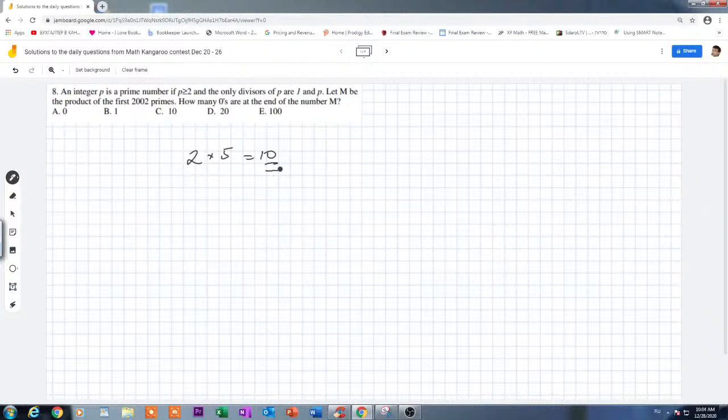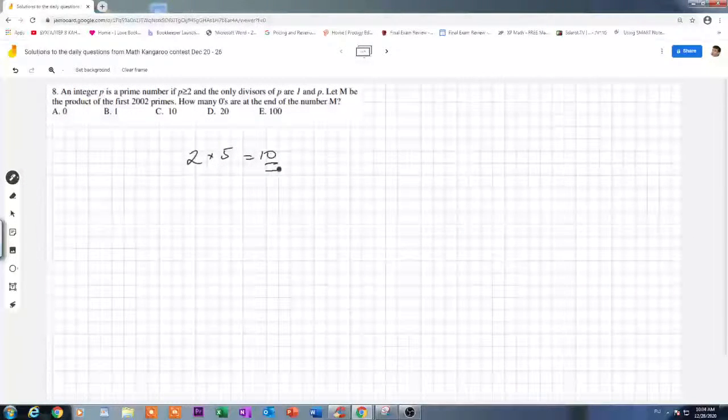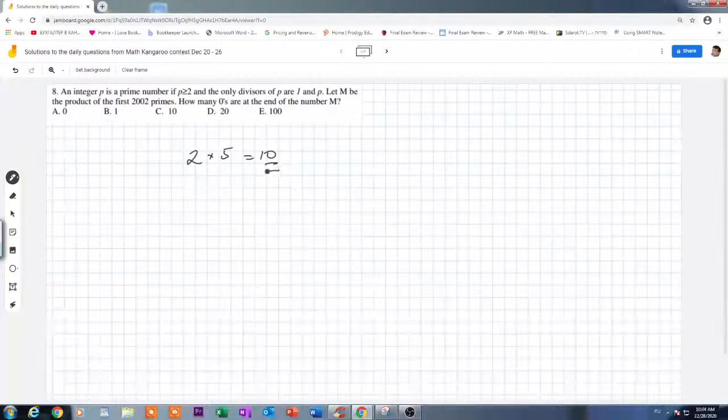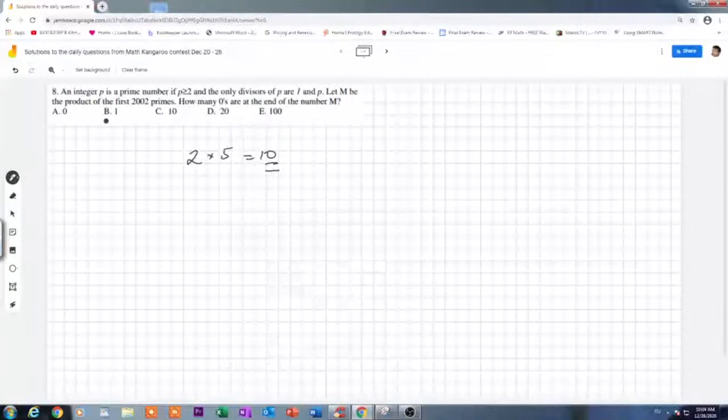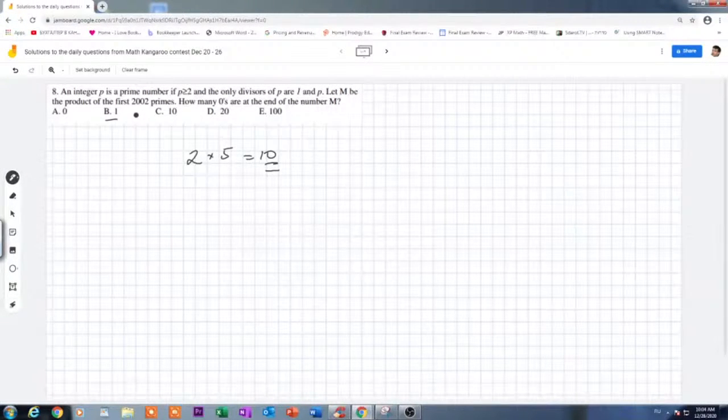It doesn't matter how many prime numbers we multiply, this 0 will stay at the end of the multiplication, because 0 times any number will give you 0 at the end. So the correct answer will be B, 1, 1, 0.